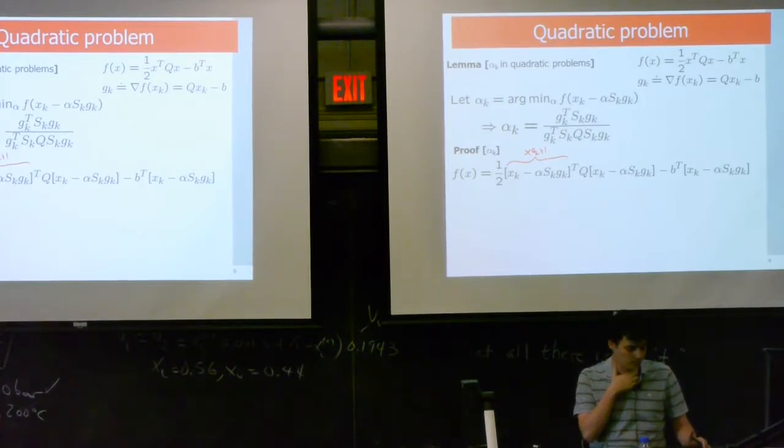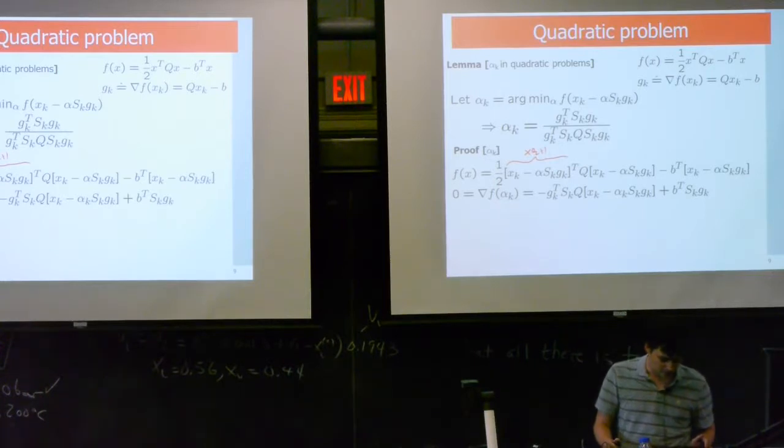Now it's actually a function of alpha, and we want to find the minimum of this in alpha. So what do we do? Yeah. So we calculate this, and it's very simple after that.